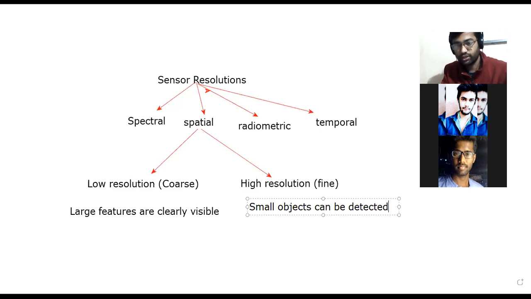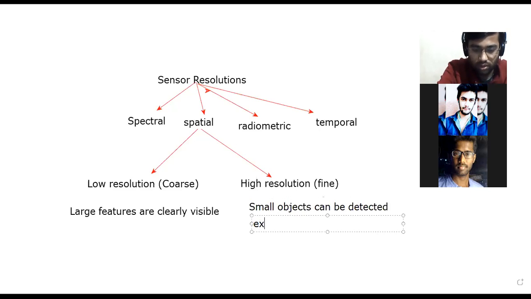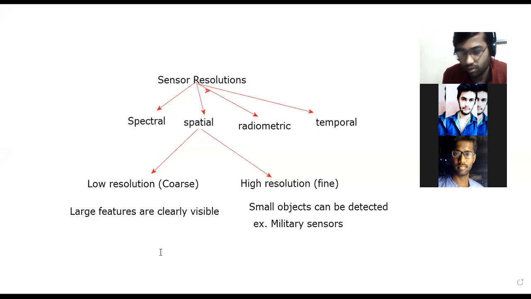For example, military sensors. So this is about spatial resolution.